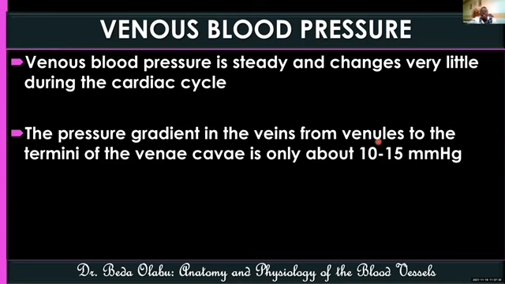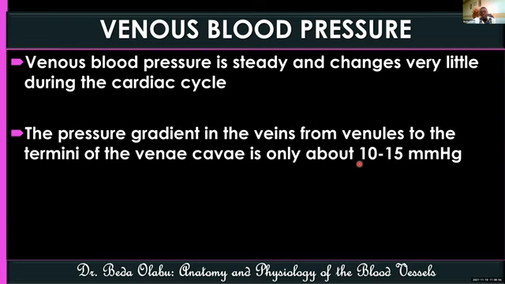If you look at the pressure gradient from the venules back to the vena cava, the vena cava has almost 0, and the venous end of the capillaries have about 17. If you subtract the two, the pressure gradient between the venules and the vena cava is only about 10 to 15 millimeters of mercury. This is very low.